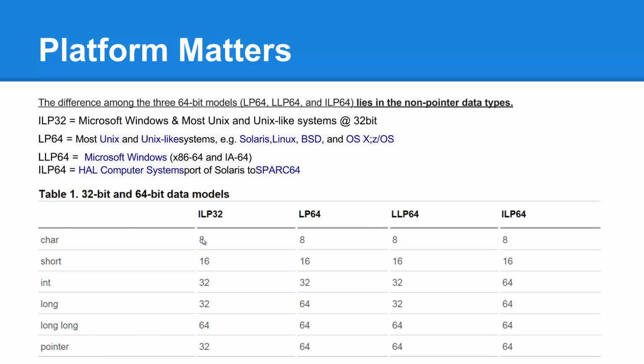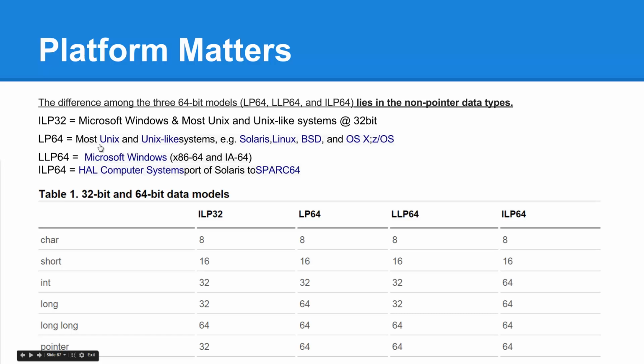This is, I think, from MSDN's reference site. ILP32 is the data model for 32-bit systems, and it was consistent across Microsoft Windows and almost all Unix and Unix-like systems, and it changed with 64-bit systems. So it spawned three different models.